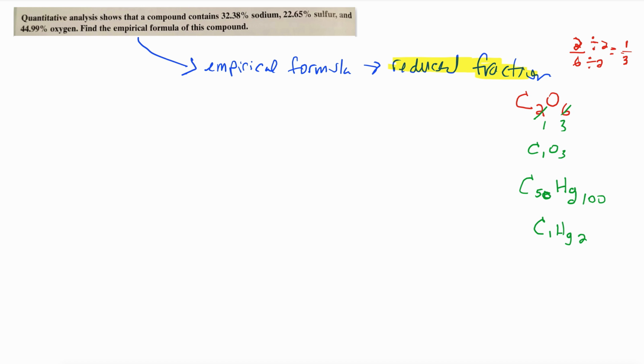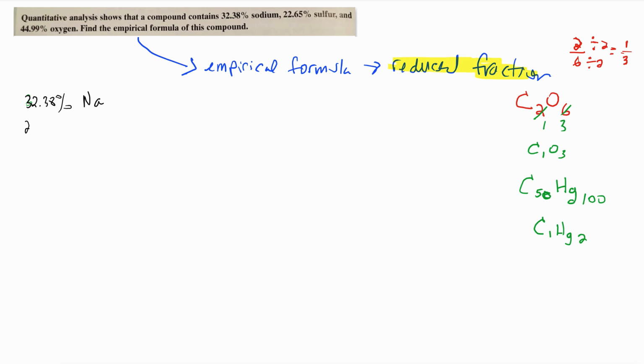You get your percentages. In black, you have 32.38% sodium, which I'll write as Na.